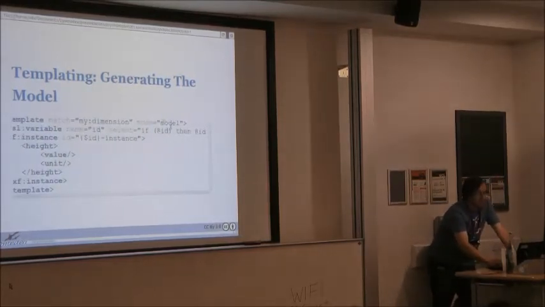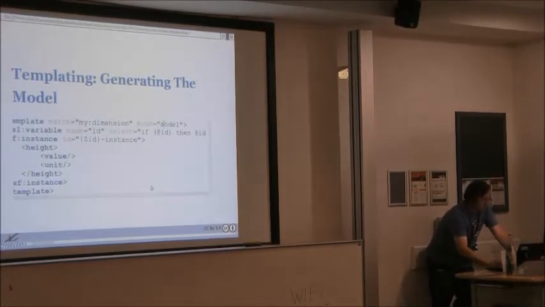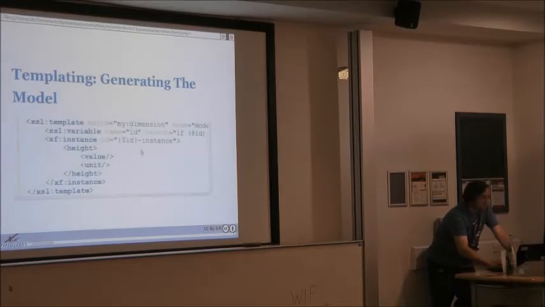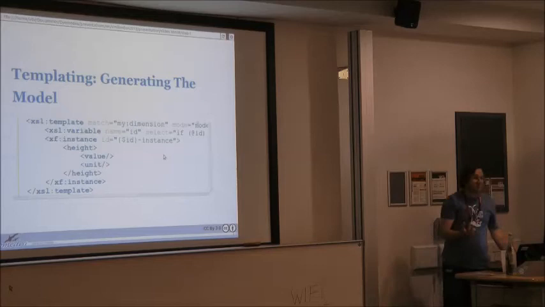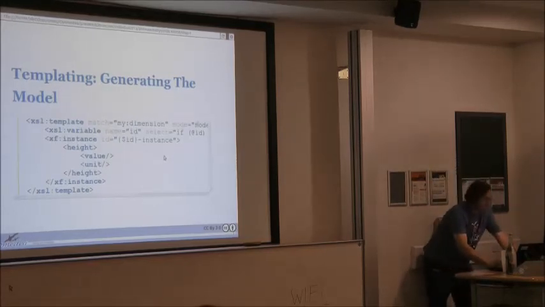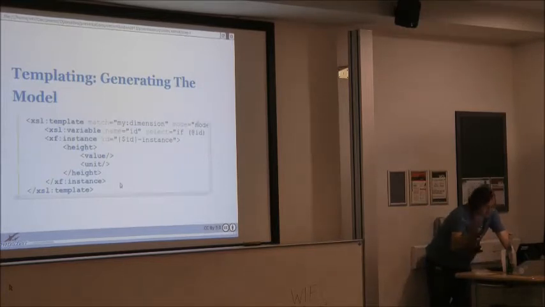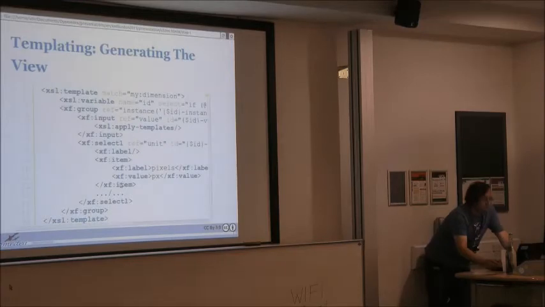So here I am matching the my dimension in the model mode, and I will generate an instance. I take a variable, because I will need to give a unique ID to the instance. So I put the ID in a variable, and I generate the instance, and this is a split instance. So very simple. To generate the view, it's exactly the same mechanism.